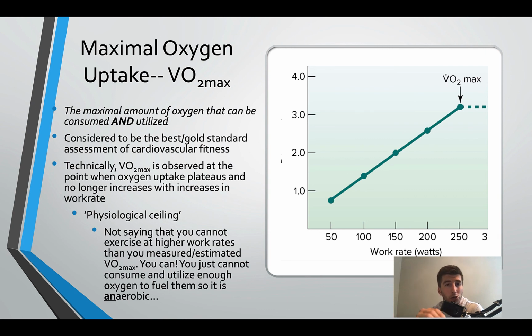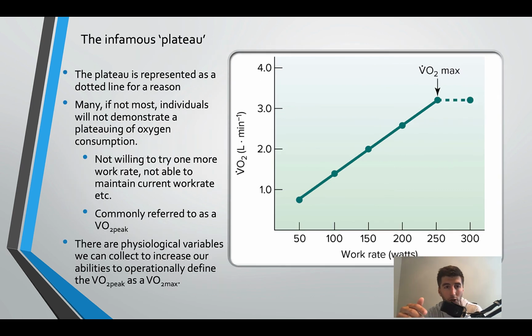Essentially, you have pushed the body to its highest level of aerobic metabolism, or the highest level of its ability to produce a work rate. It's not often that you actually see this physiological plateauing that occurs. And truthfully, I've only seen it a couple of times in VO2 max testing.